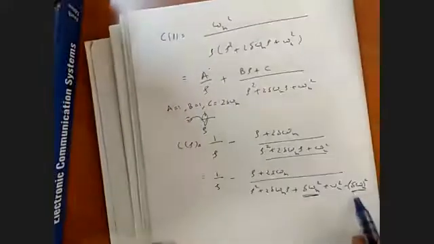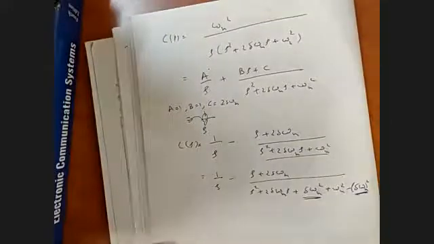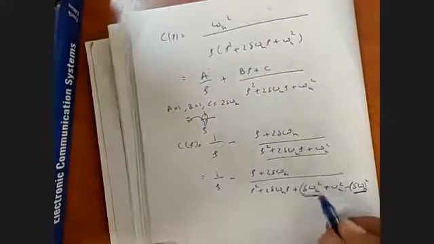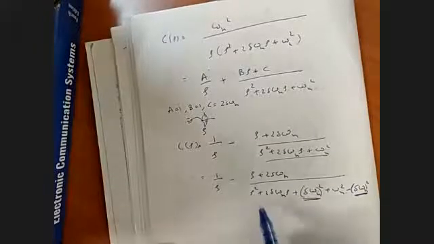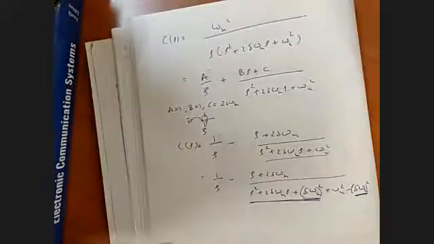I have added and subtracted delta square omega n square in the term to make this a perfect square. So this will become a perfect square, s square plus 2 delta omega n s plus delta square omega n square.